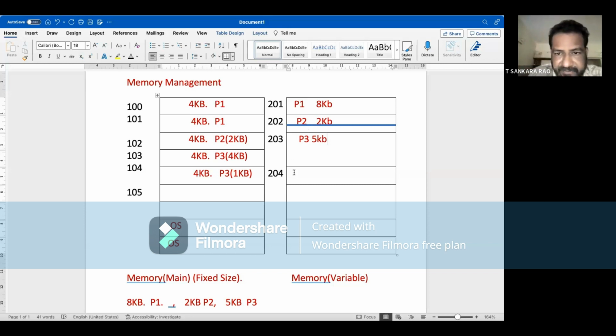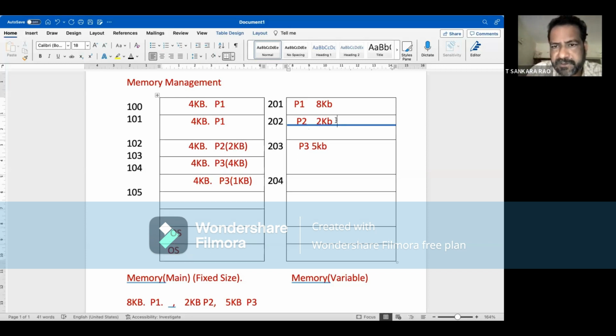So here, for example, after 2 KB, we remain with 2 KB here.